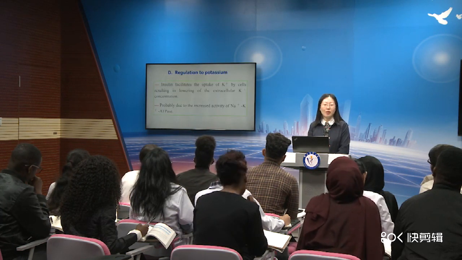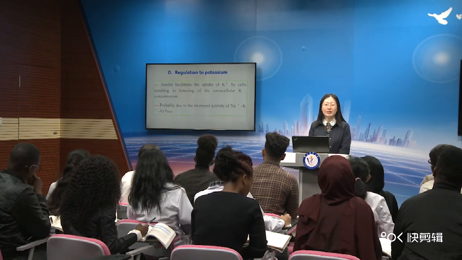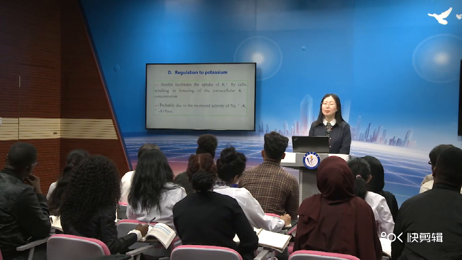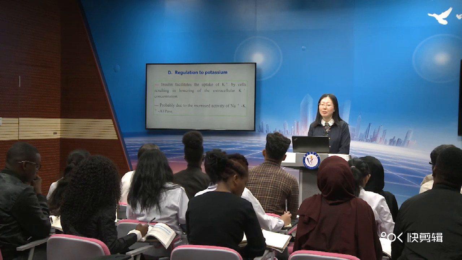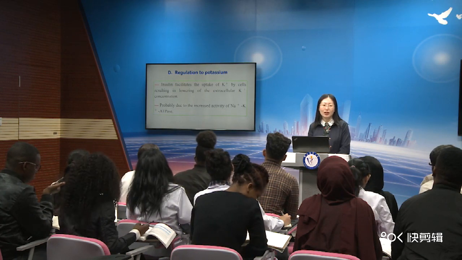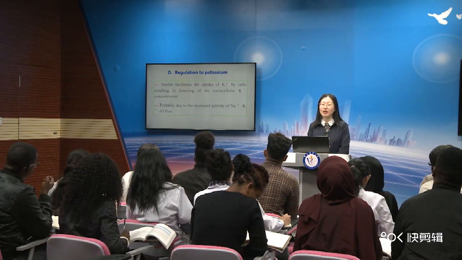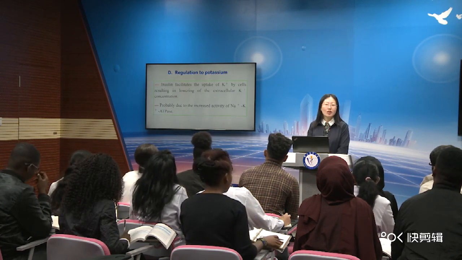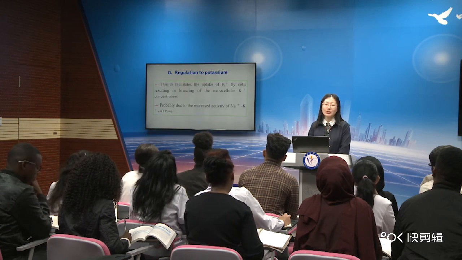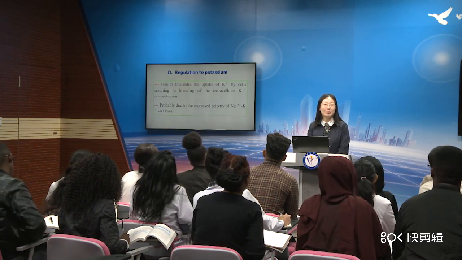And number 4, the fourth effect, insulin can regulate potassium. Insulin facilitates the uptake of potassium by cells, resulting in lowering of the extracellular potassium concentration. The reason is probably the increased activity of sodium potassium ATPase.